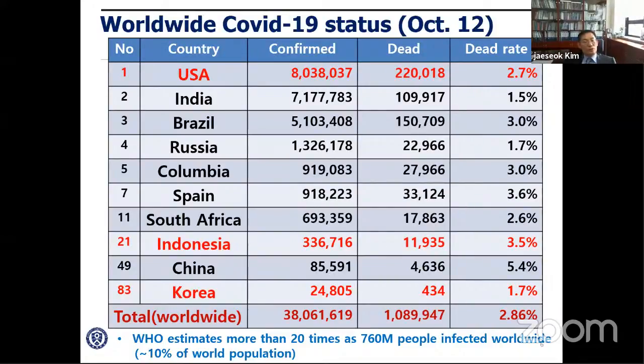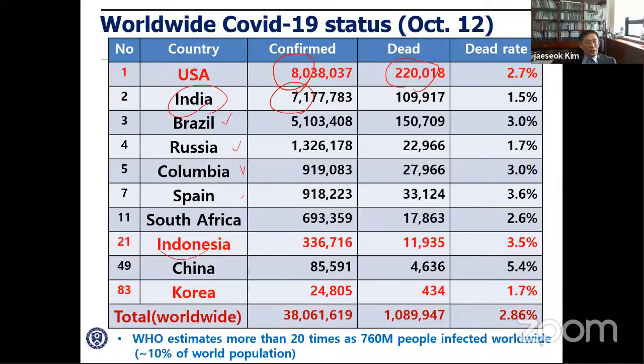This slide shows the worldwide COVID status as of this Monday. USA ranked first with 8 million confirmed cases and 220,000 deaths. India has more than 7 million confirmed. Next are Brazil, Russia, Colombia, Spain.